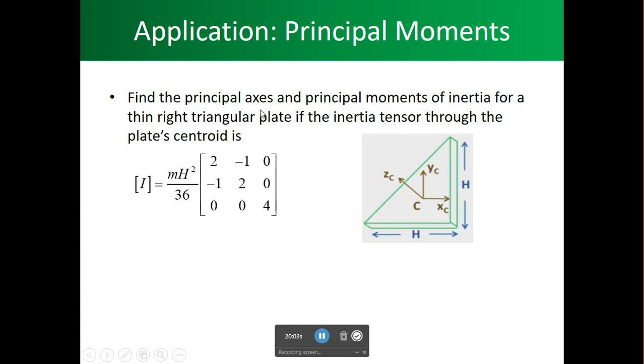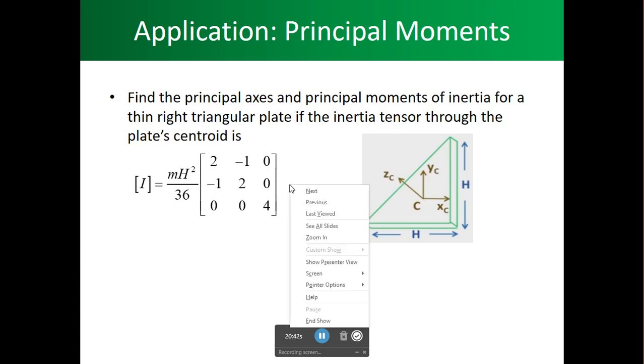So it says find the principal axes and the principal moments of inertia for the right triangle plate. Now, we just showed you, all we have to do is convert this into a diagonal. This is already symmetrical. Remember the other one, it has to be symmetrical, such that the inverse times the matrix times C equals a diagonal.